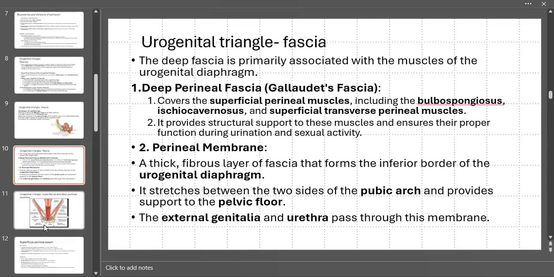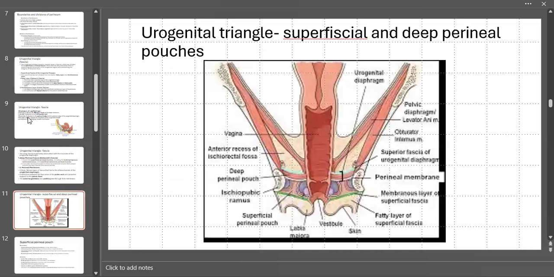Now again, we will go back to that thing. We decided that we will study the urogenital triangle first. And this is our anterior urogenital triangle. Then we decided that it will be having two pouches. It will be having fascia. Fascia will make the pouches, and then we will have contents of the pouches.